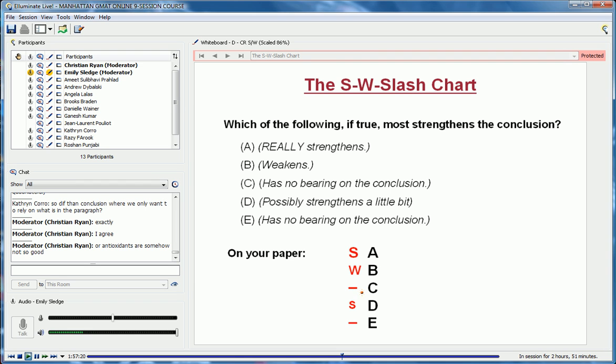If you're telling yourself a big story and it's kind of complicated, how the choice relates to the conclusion, it probably doesn't. Put a little slash next to it. Don't draw through the letter because you're not eliminating the choice or anything like that. You're just labeling it. Big S's, little s's, big W's, little w's.